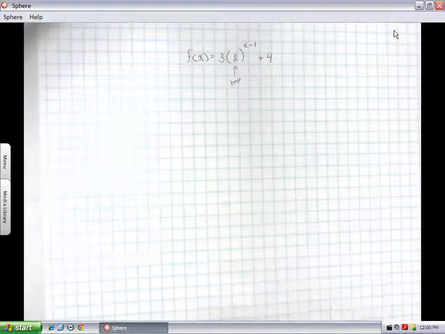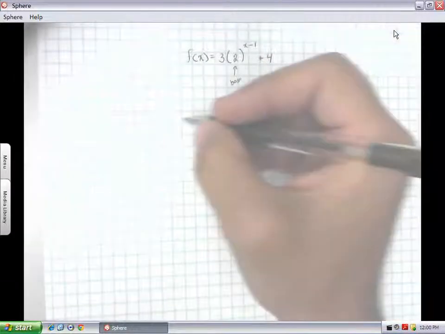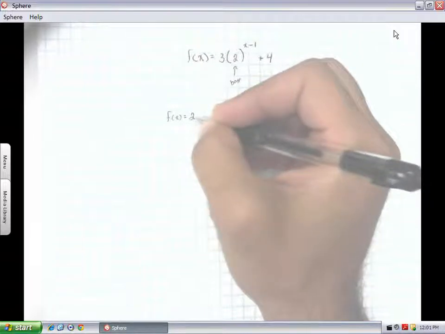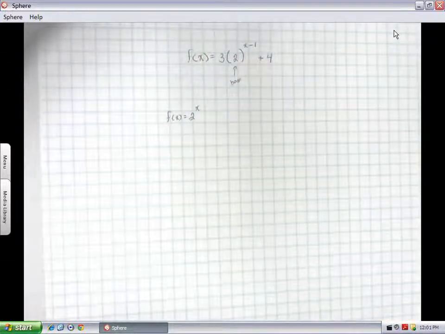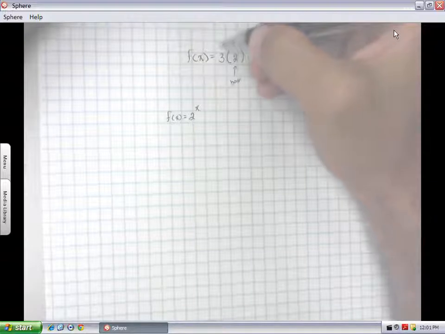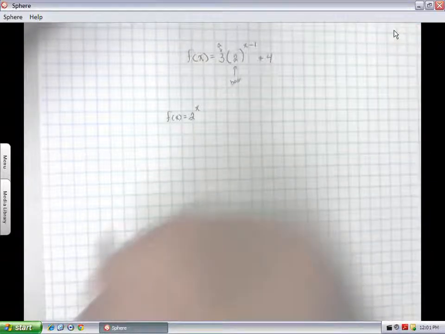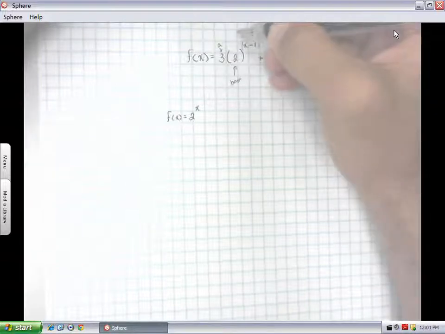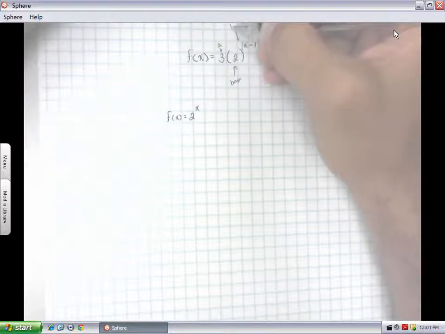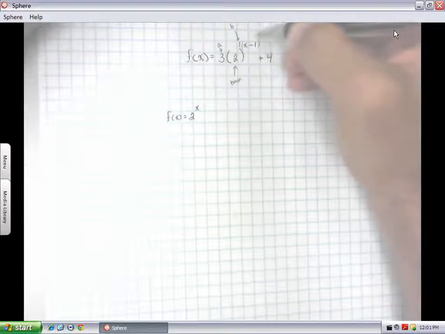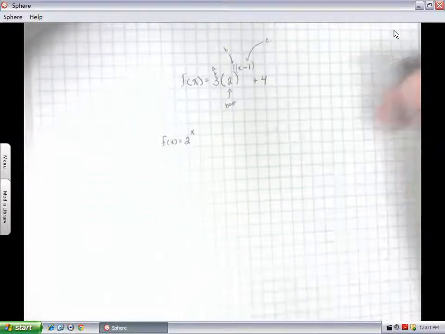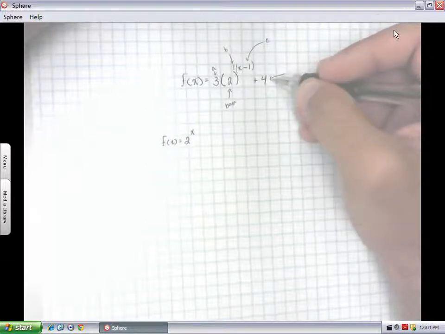So this is just a child of the parent function f of x equals 2 to the x power, which means that 3 must be our a. Since there's no number in front of our x, our b must be just 1. Our c is -1, and our d is +4.